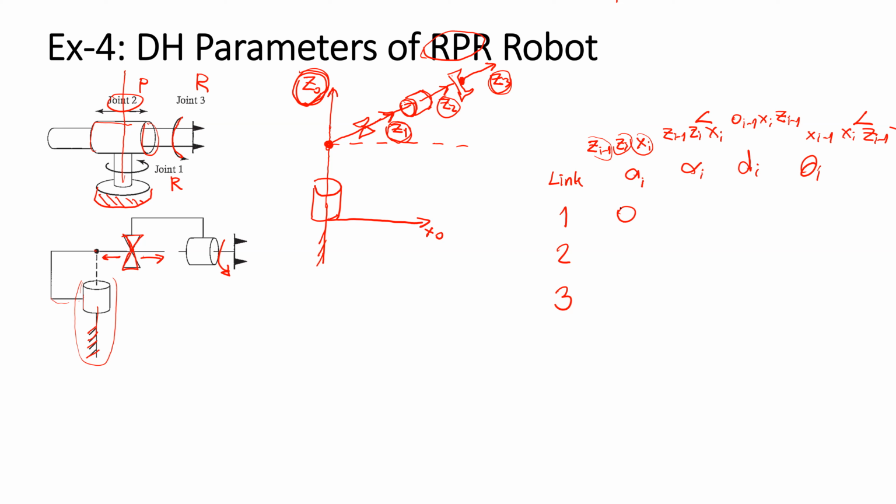The twist is the angle between Z0 and Z1 about Xi, so Xi should be X1. Where are we going to point X1?